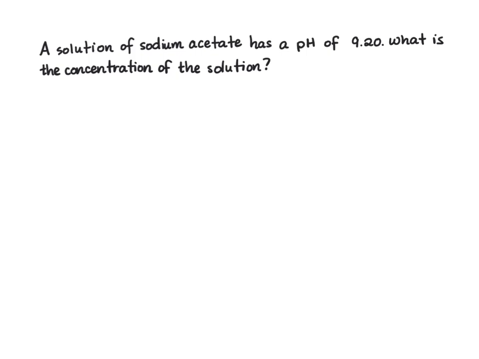So the first thing we want to do is write our equilibrium expression. Now, sodium acetate is an ionic compound, NaCH3COO. This is going to dissociate in solution, and the base that we care about is CH3COO minus.